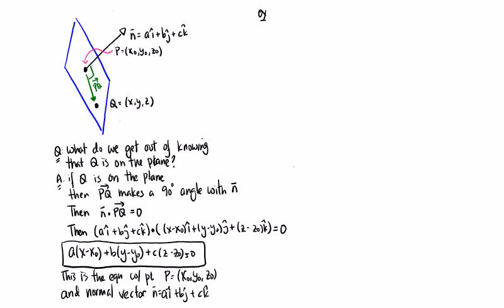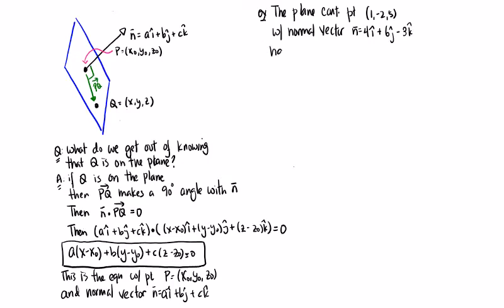A really simple example, we could say the plane containing the point 1, -2, 5, with normal vector, say n equals 4i plus 6j minus 3k.